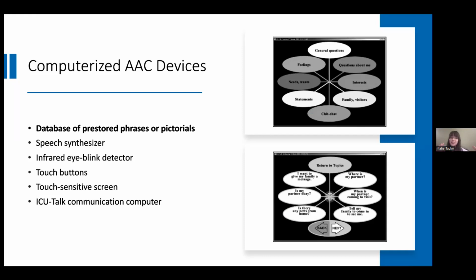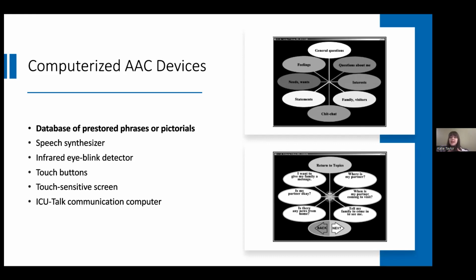Even higher tech devices may have an infrared eye blinker detector. So they can just look at the icon that they want to select, and it will read that eye gaze and give the verbal output. Those are definitely on the higher tech end of the spectrum, though.